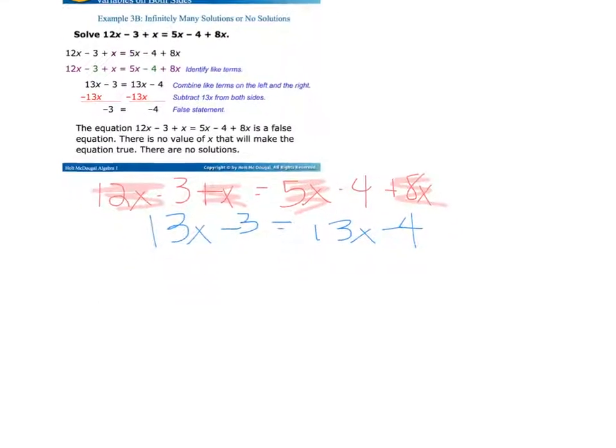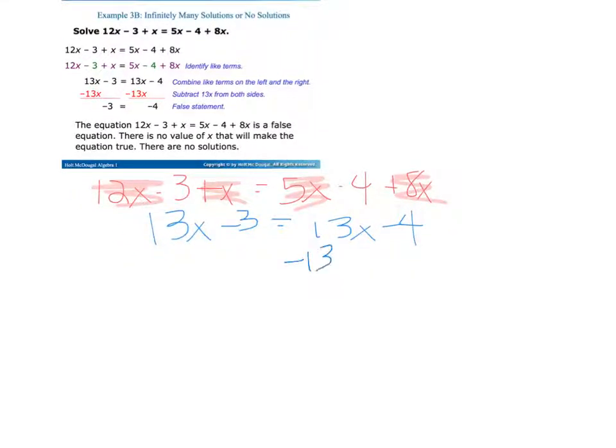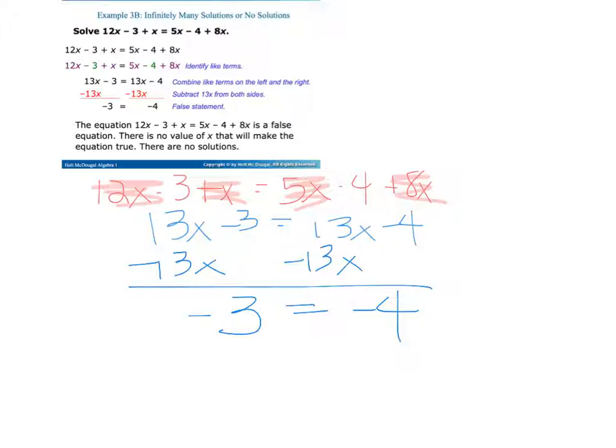So I will subtract 13x from both sides, leaving behind negative 3 equaling negative 4. Will that ever occur? No, it will not. So there is no solution to this equation.